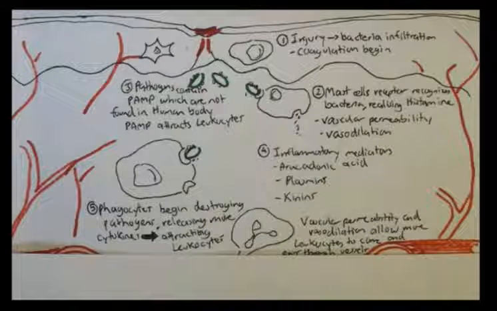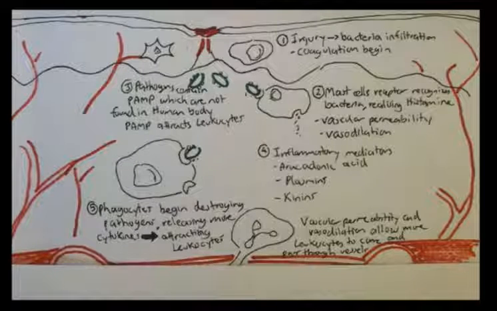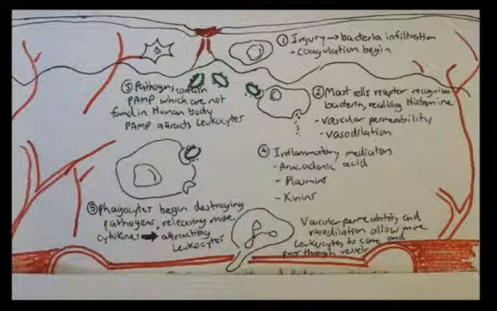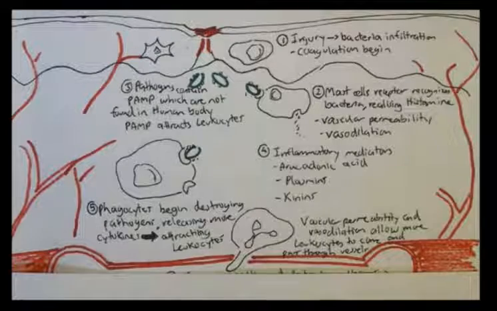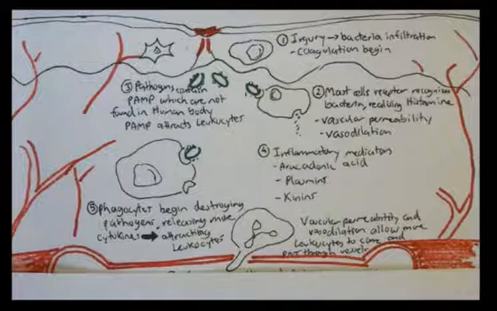The phagocytes then begin destroying the pathogens, releasing more cytokines, attracting more leukocytes, immune cells in the area. The vascular permeability and vasodilation allow more leukocytes, such as the neutrophil, to pass through the vessel walls more easily.